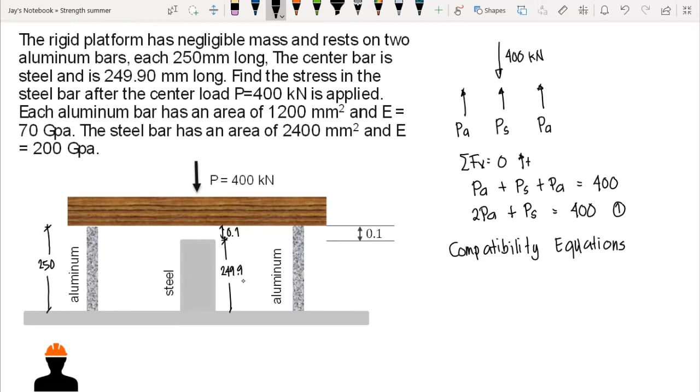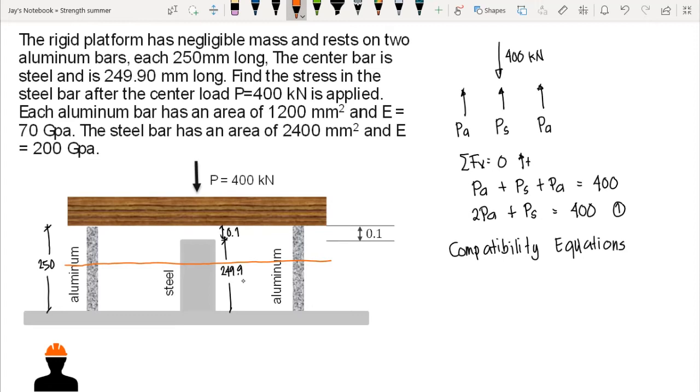Take note, if we have 400 kilonewton acting downward, then there is of course a deformation in our aluminum. Our aluminum would go to this point, so our platform would be at this point after the 400 kilonewton load is applied.